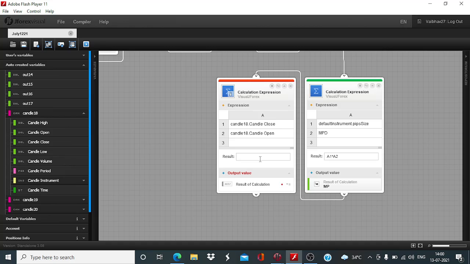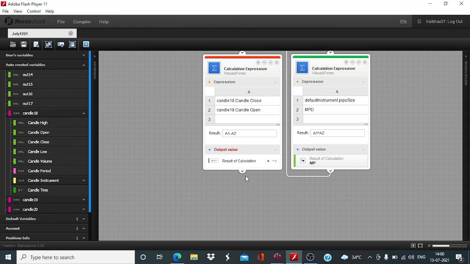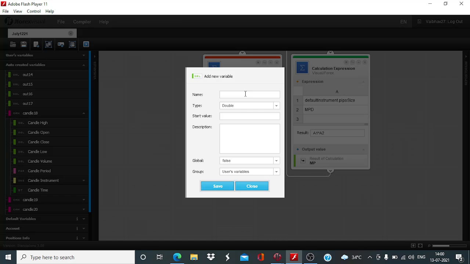It is going to be A1 minus A2, the actual body difference.